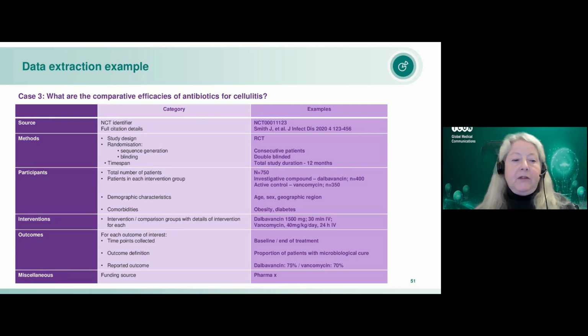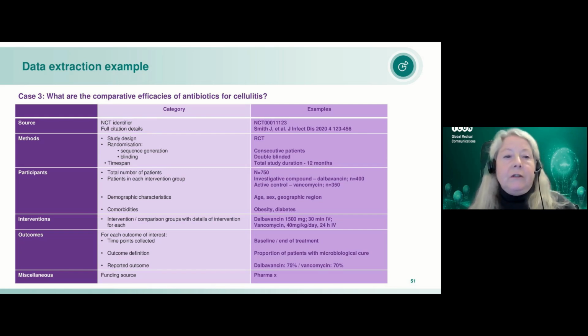Then moving on to participant details, you want to record how large is the study and who are the participants. We need to know both the total number of patients included and the numbers in each intervention group. And depending on your research question, you may need to note any demographic or clinical characteristics that may have a bearing on treatment efficacy.